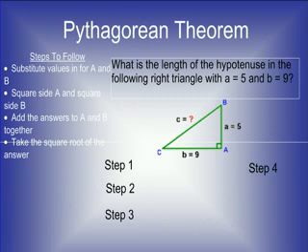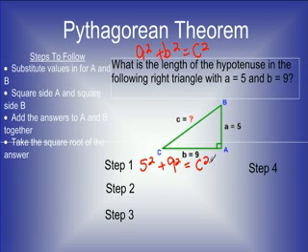Alright, let's try the next one. Okay, remember our formula is a squared plus b squared equals c squared. So the first thing we're going to do is substitute our values in. So a is 5, so it's 5 squared, plus b is 9 squared, which equals c squared. Remember to follow along with your notes and write everything we write down. The second step is we're going to go and figure this out. So 5 squared is 25, plus 9 squared, which is 81, equals c squared.